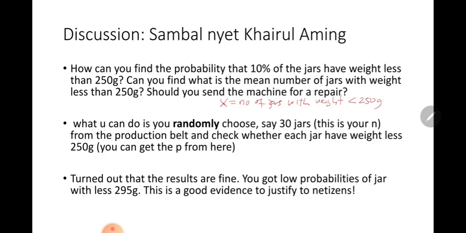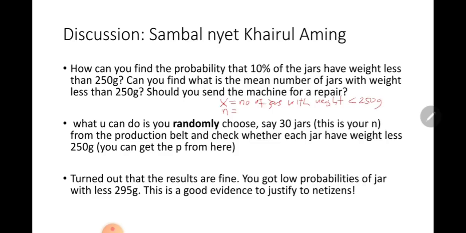So how do you get your N? Because you are the quality control manager, it's up to you to pick N, how many samples. But of course, the more samples, the more trials N, the better, because you are representing the population.